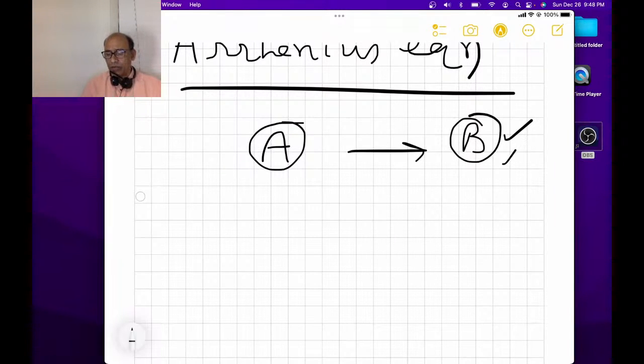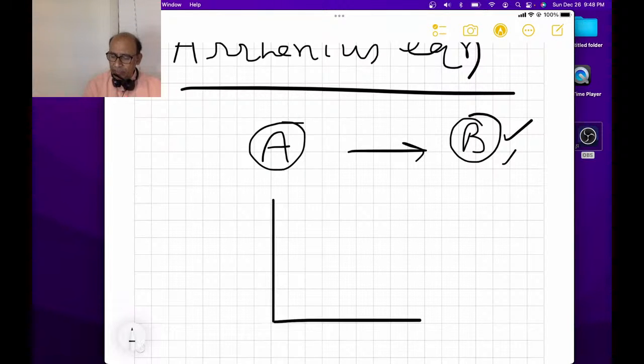Here also the molecules have some normal energy. To get the threshold energy required to have a fruitful collision, the difference between this threshold and the existing energy of the molecule is called energy of activation.